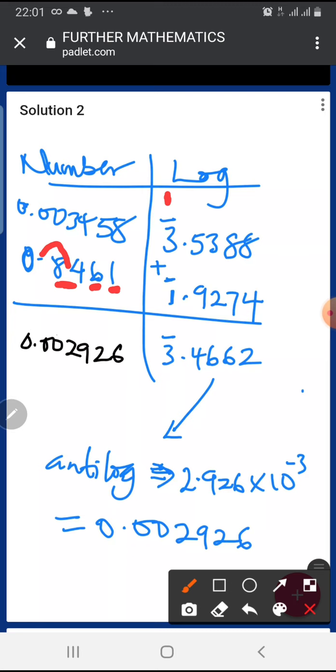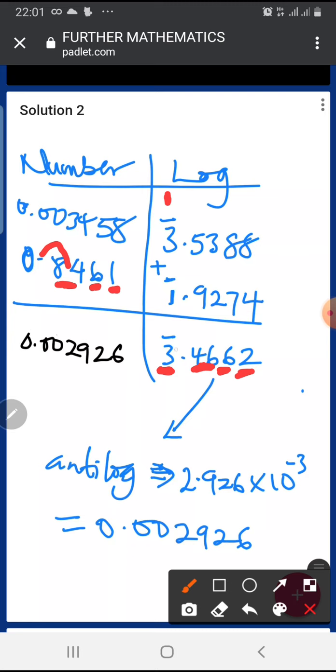Now you convert this to antilog. You have to consider 46 under 6 difference 2. Antilog for 46 under 6 difference 2 will give you 2.926. Then you multiply by 10 raised to power minus 3 because of the characteristic.